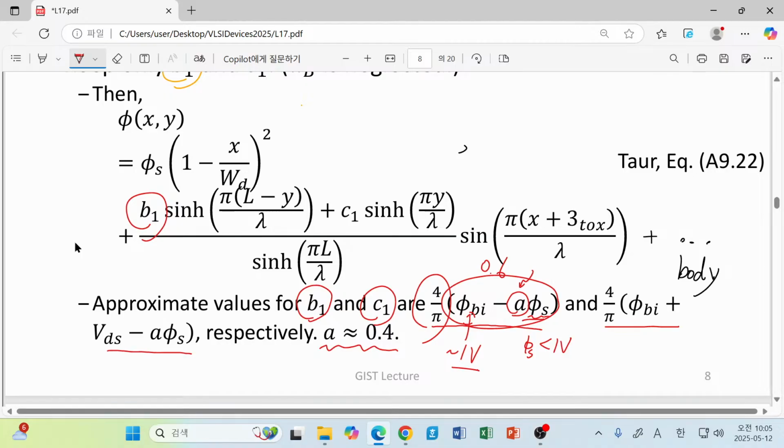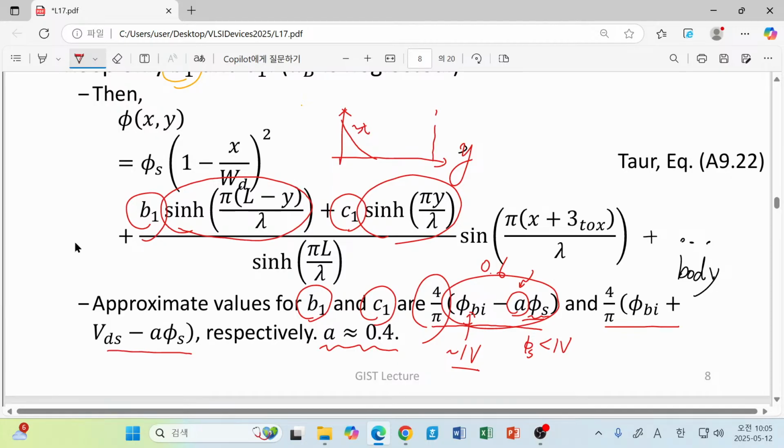Please have a look at here. B1, C1, this one. It has a certain exponential behavior, and now you can understand that if we draw the y-axis and the impact of this B1 or C1, they are just exponentially decaying with a certain length scale of lambda.